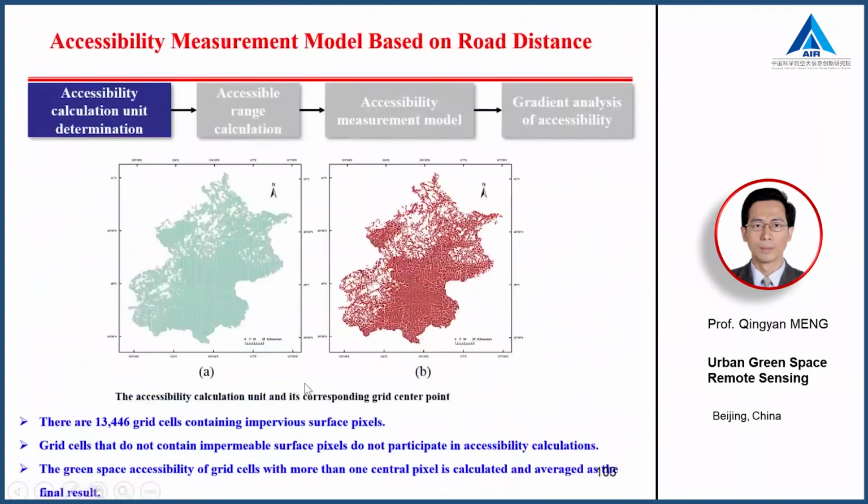So like this, okay, and we choose these grid cells, and the grid cells cannot contain no impervious surface pixels, and the green space accessibility of the grid cell with more than 1 central pixel is calculated and averaged.